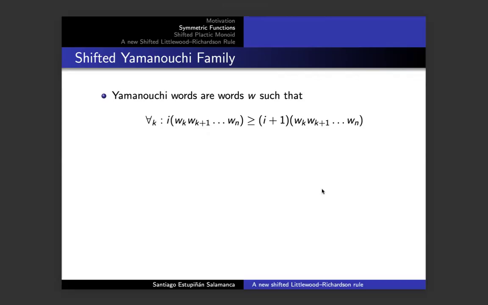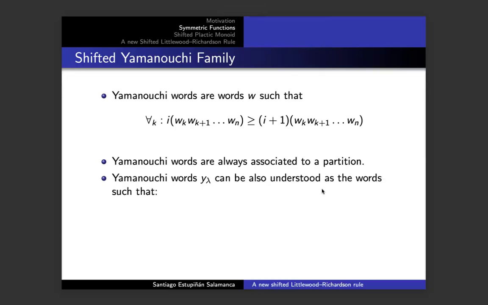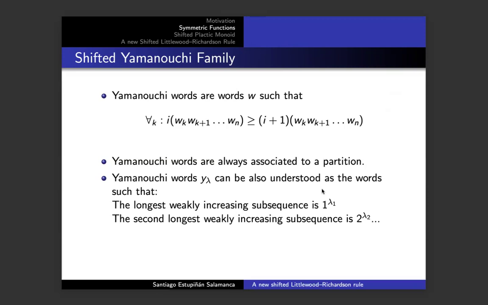I first think of Yamanouchi words in a different way. The way that they are usually defined is as the words such that if I read from right to left, the number of i's is greater than or equal to the number of i plus ones, for all i. But Yamanouchi words are often associated to a partition, and then I can think of the Yamanouchi word associated to the partition lambda as the word such that the longest weakly increasing subsequence is one appearing lambda one times, the second longest weakly increasing subsequence is two appearing lambda two times, and so on.